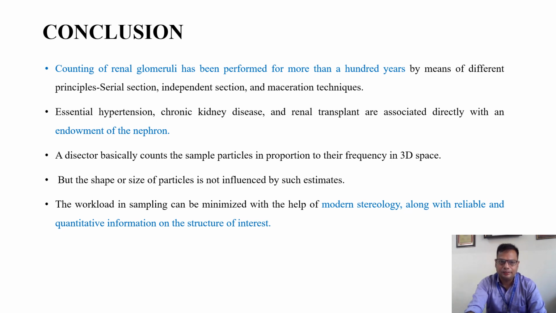A dissector basically counts the sample particles in proportion to their frequency in the 3D space. Both the shape and the size of the particles are not influenced by such estimates. The workload in the sampling can be minimized by the help of modern stereology along with the derived and quantitative information on the structure of interest.